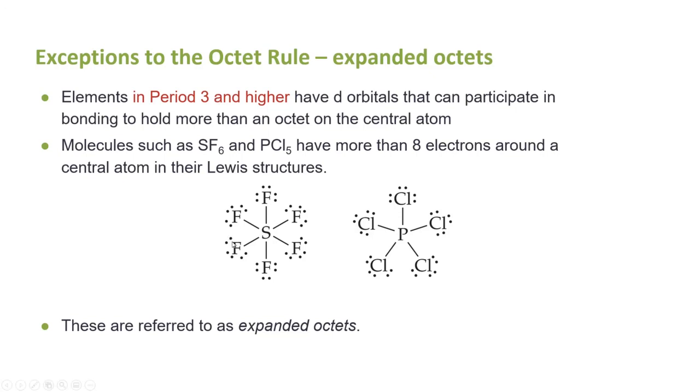In this case, SF6 actually has 2, 4, 6, 8, 10, 12 electrons rather than 8. This phosphorus here has 2, 4, 6, 8, 10 electrons instead of 8. And again, phosphorus and sulfur are both period 3 or higher, so it's acceptable. We're going to refer to these as expanded octets.